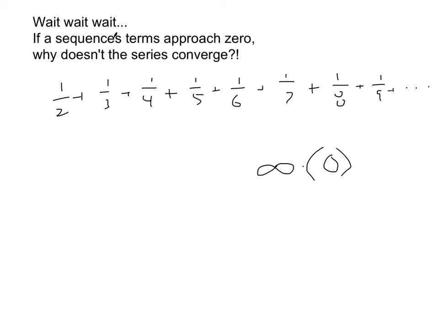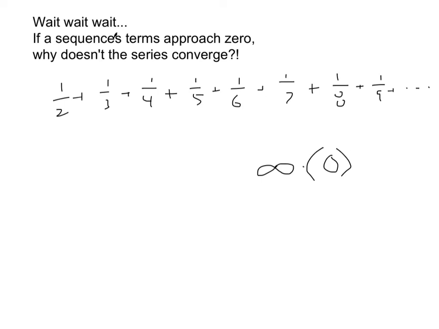And we've dealt with this before. We've dealt with infinity times 0 before, because that's what I'm doing. If I'm adding up infinitely many things that are all getting close to 0, I might as well be thinking about that as infinity times 0. But we all know that infinity times 0 is an indeterminate form. I don't know what that is. It might be 0, it might converge. Or it might be infinity, it might diverge. A number of things may happen here.